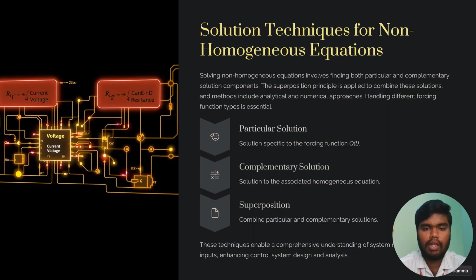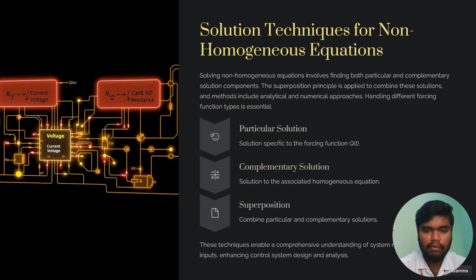So let's see some solution techniques for the non-homogeneous equation. Solving non-homogeneous equations involves finding both particular and complementary solution components. The superposition principle is applied to combine these solutions, and methods include analytic and numerical approaches. Handling different forcing function types is essential.